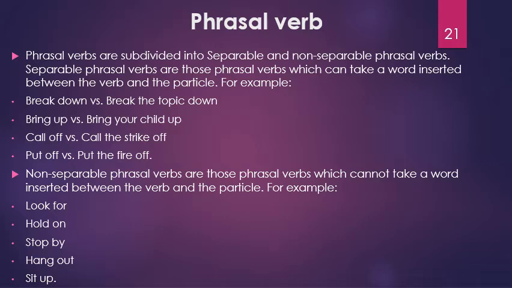For instance, bring up versus bring your child up, or call off versus call the strike off, put off versus put the fire off. Non-separable phrasal verbs are those which cannot take a word inserted between the verb and the particle. For example, look for, hold on, stop by, hang out, sit up.